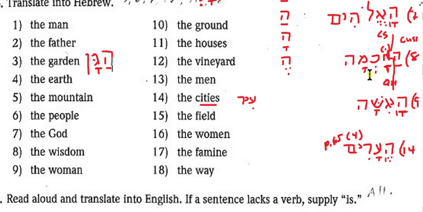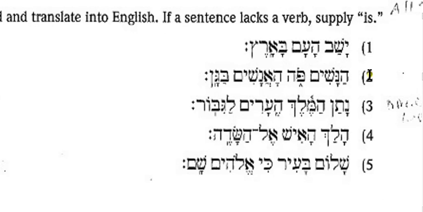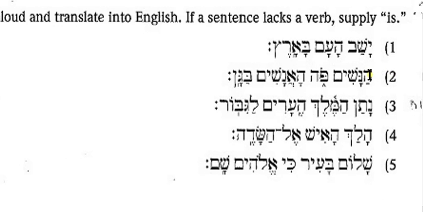Okay, let's take a look at the C section here and see if there's any questions that you have on that. Anybody have a question about 1 through 5? Let's look at number 1 first of all. Repeat after me. Yashav ha'am ba'aretz. Do I have a verb in this clause? Yes.